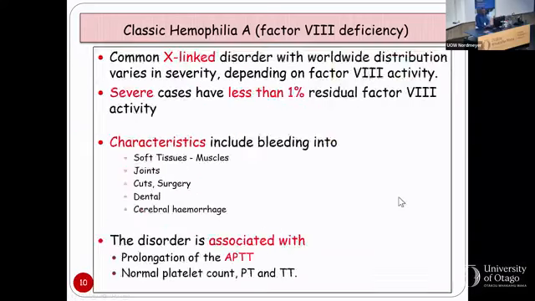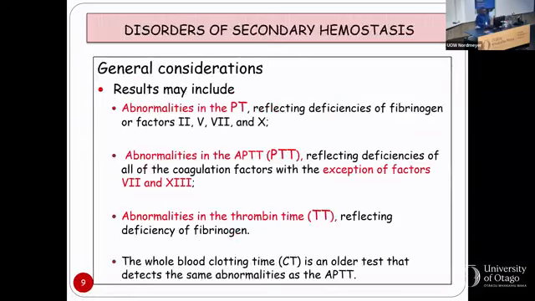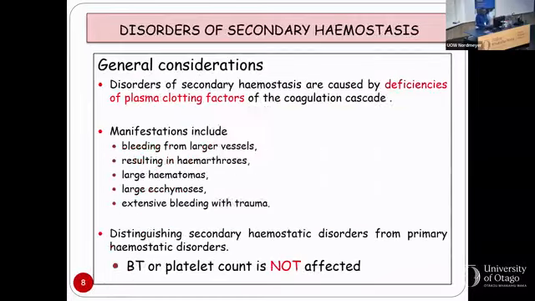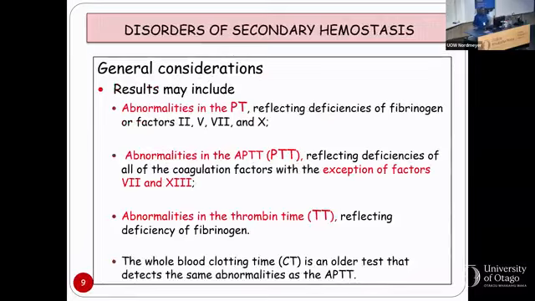So when we refer to these tests, maybe it's also important to mention that the PT is generally done with thromboplastin. Thromboplastin is a very highly variable reagent depending on the source. And so to standardize it, we tend to use the ISI, International Sensitivity Index, which then gives you an INR.